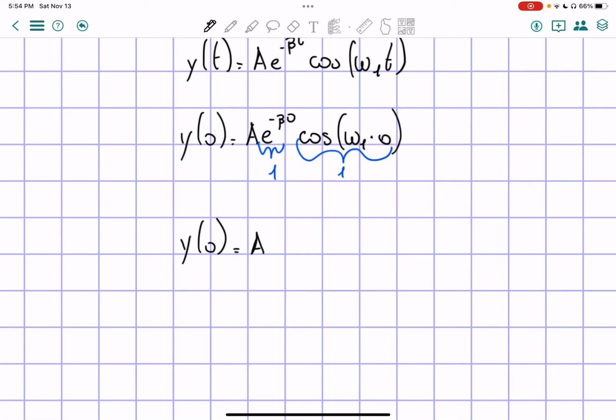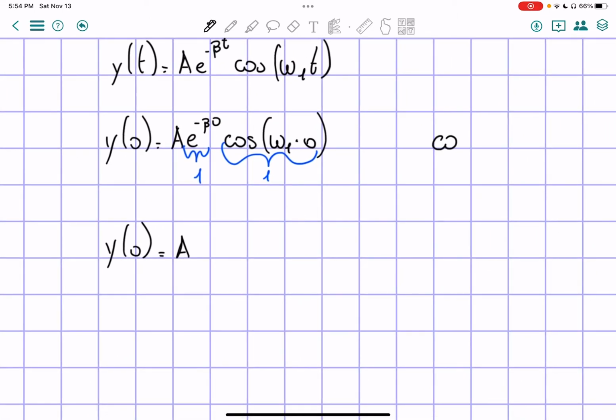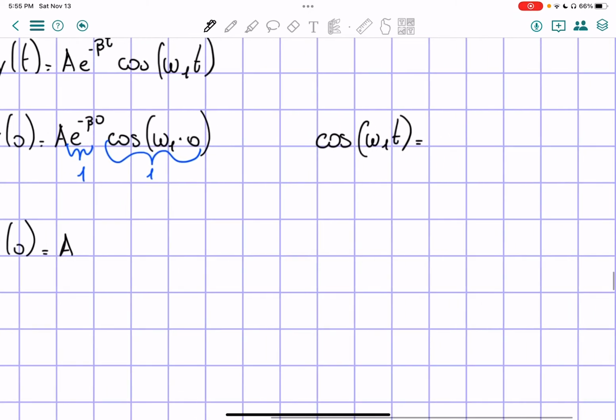Okay, so when we want to find it after a whole turn, after a whole oscillation, we have to do something slightly different. We have to find out when cosine is equal to 1 again. Cosine of omega 1 t, we said, is equal to 1.